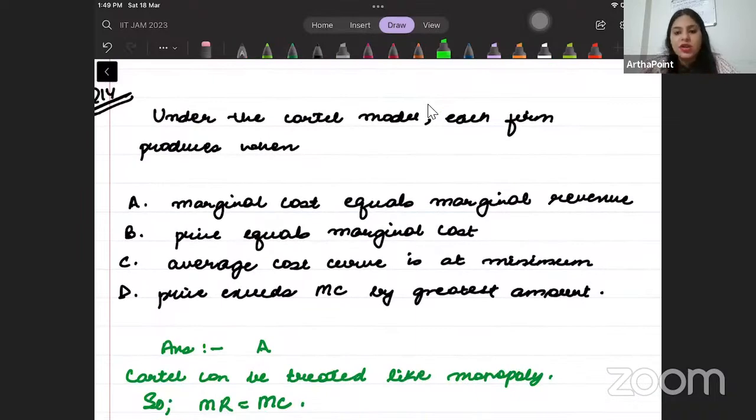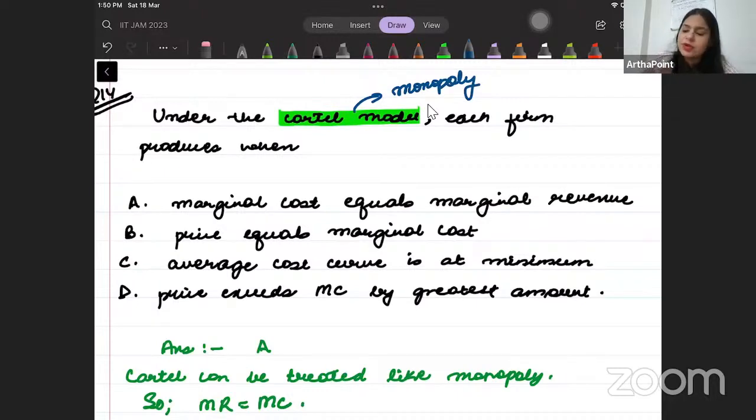Under the cartel model, each firm produces when? Just think about this. When I talk about the cartel model, it is like talking about a monopoly, because cartels collude to form a monopoly. So when I talk about monopoly, how do you find the equilibrium?